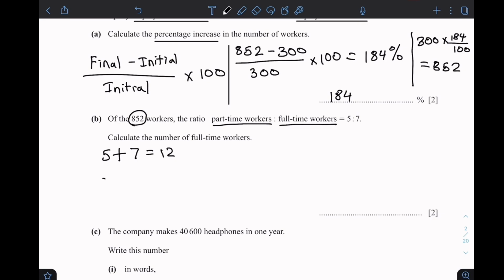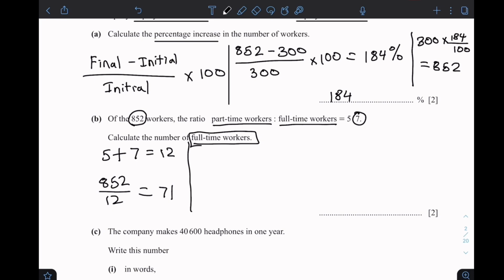So I'll just show you the steps. So 852, you divide that by 12, okay? Once you do 852 divided by 12, you get 71. And they said calculate the number of full-time workers. So the ratio of that is 7, right? So 7 out of 12 of workers are full-time.